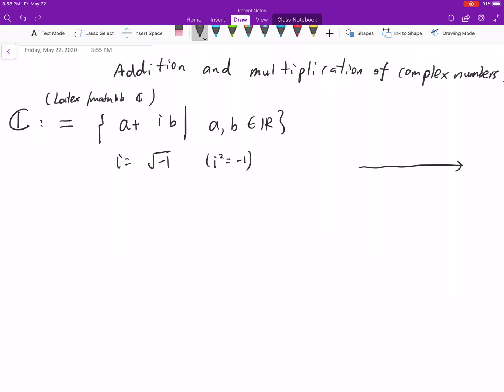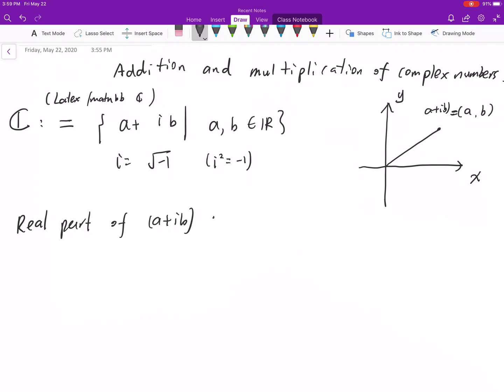So as a set of points, C is the same as R2, a two-dimensional vector, so (x, y). So a plus ib is the same as (a, b) as a vector. And we call a the real part, denoted by Re.